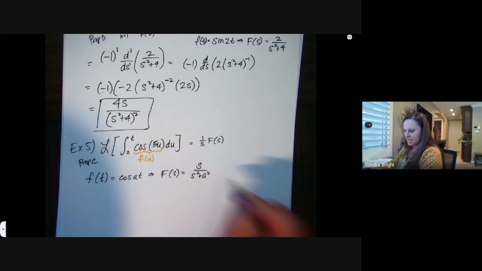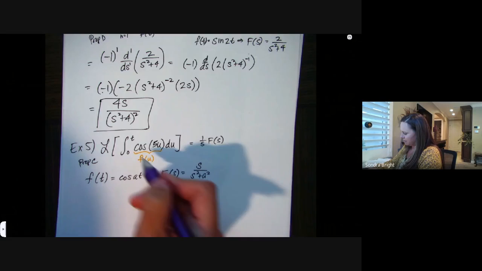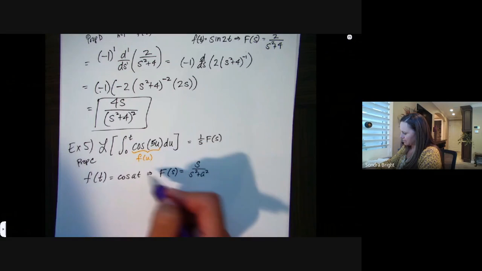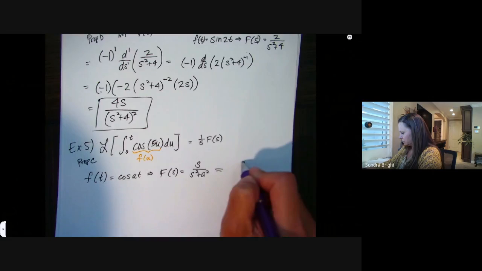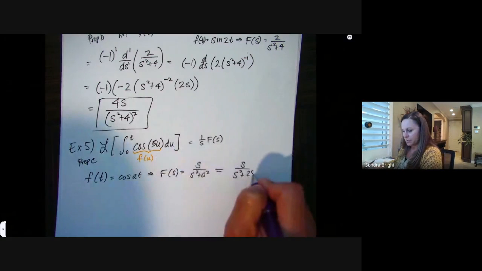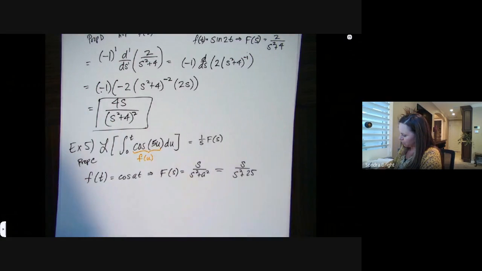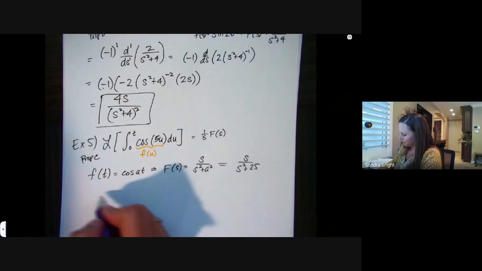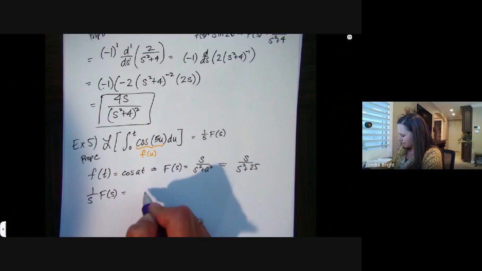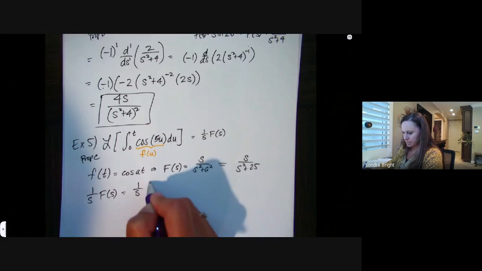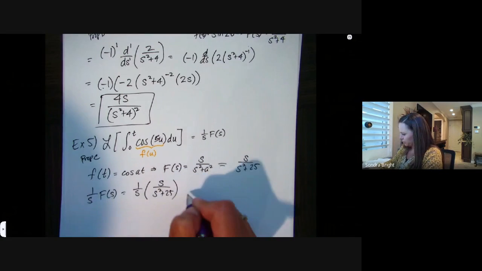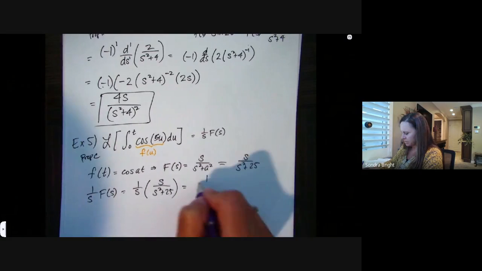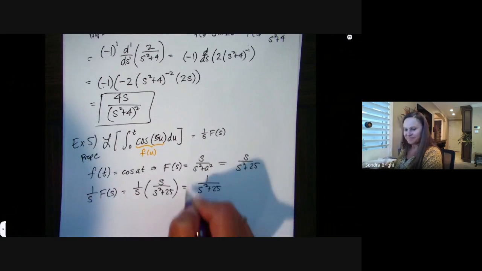So in this case, it's going to be s over s squared plus 5 squared, so 25. That means the 1 over s times big F of s will be 1 over s times s over s squared plus 25. Well, your s's cancel, and you're just left with 1 over s squared plus 25.